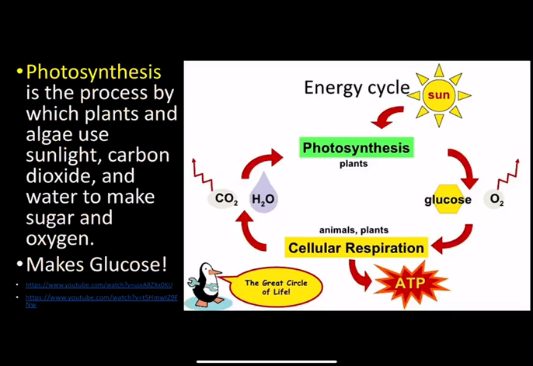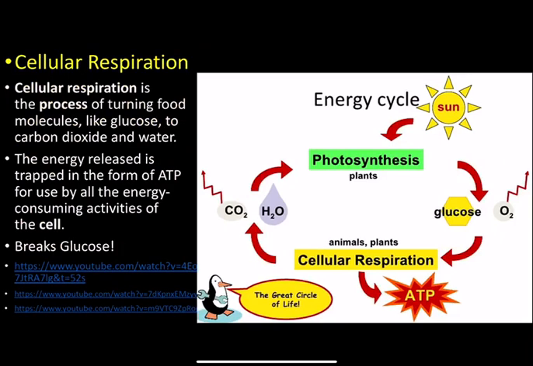Let's take a look at cellular respiration. Cellular respiration is the process of turning food molecules like glucose to carbon dioxide and water. So while photosynthesis makes glucose, cellular respiration breaks it down.